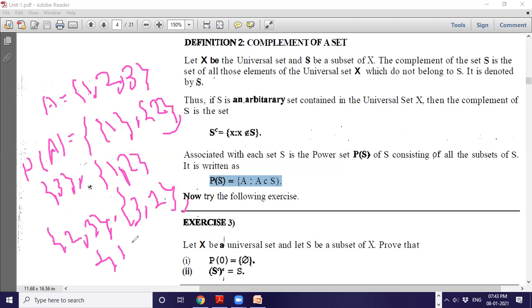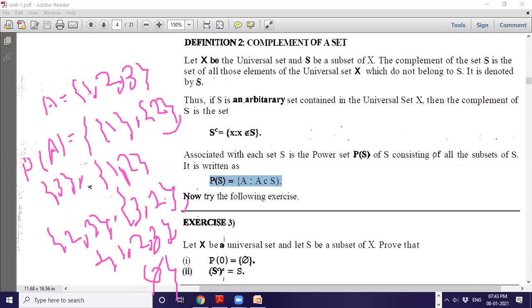Last class I told you that a set is a subset of itself. And phi, the null set, is a subset of every set. So the power set of A is {1}, {2}, {3}, {1,2}, {2,3}, {3,1}, {1,2,3}, and phi. How many elements did we get in the power set of A? 1, 2, 3, 4, 5, 6, 7, 8.